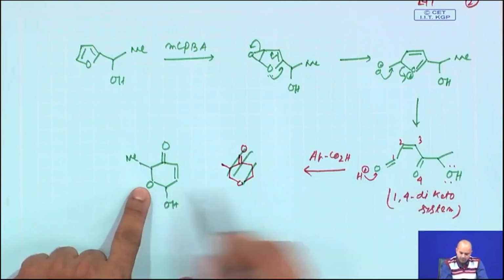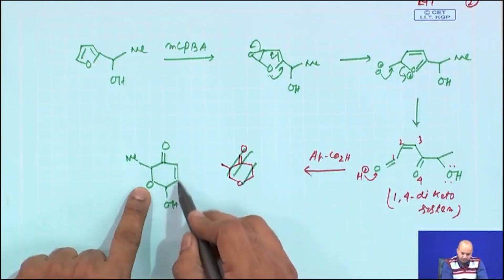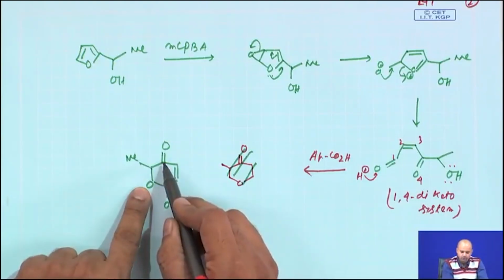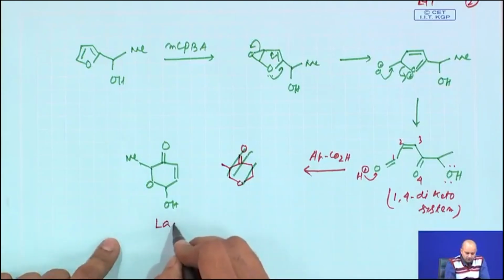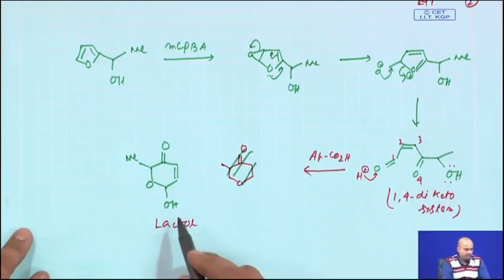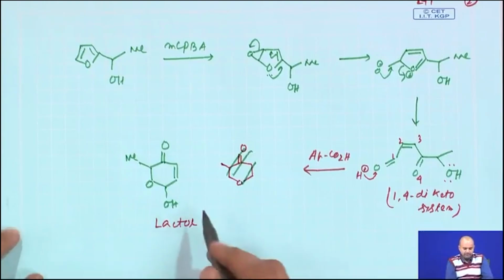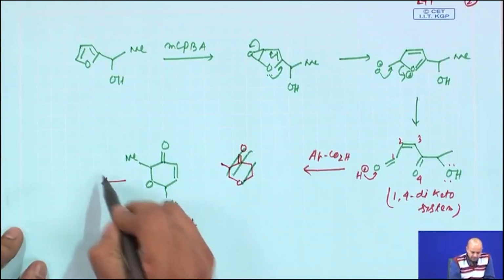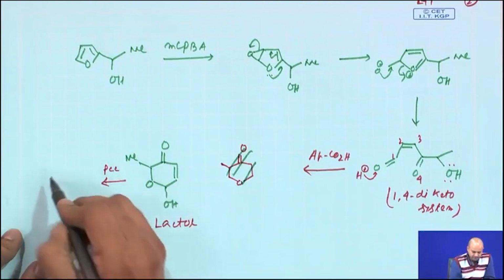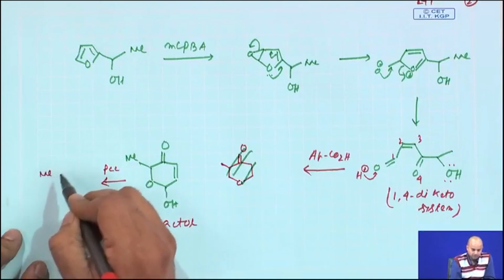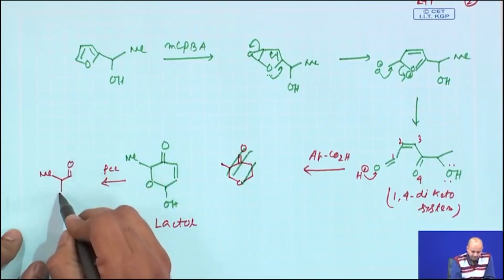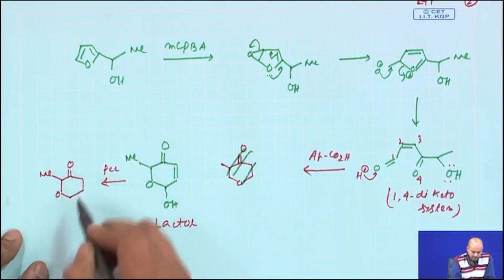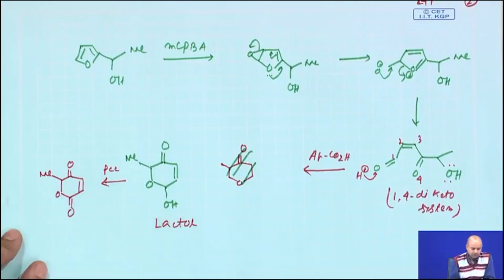So, CHOH is a new bond, this 2 3 is basically this double bond, and then you have this CO. So, in this way now you are basically getting the lactol. After you get the lactol, it can be easily oxidized by PCC. So, once you oxidize this lactol with PCC, you will now get the lactone.